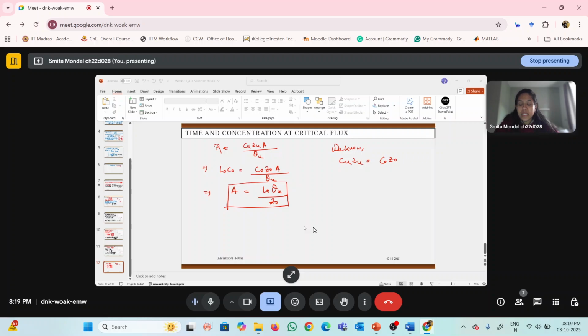So that's it for today's class. If you have any query, you can raise a question. In the next class we will discuss the centrifugal separation process.